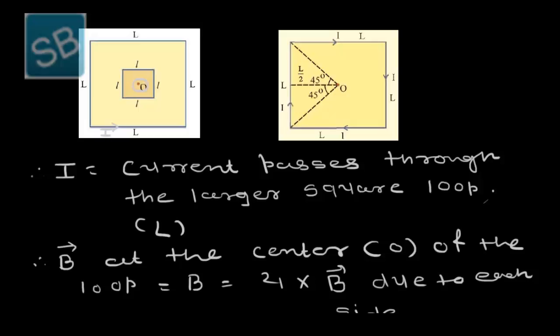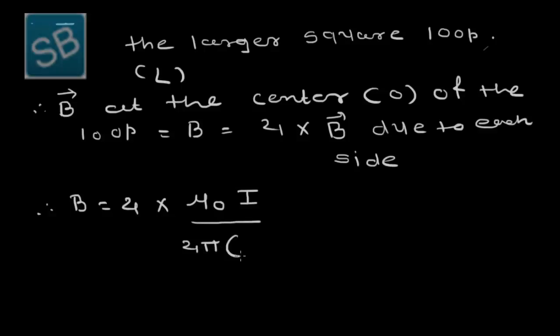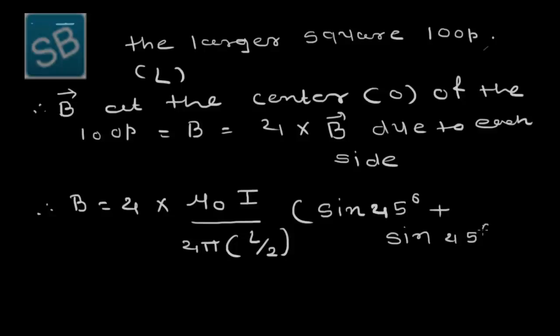And according to the equation of magnetic field due to a single side, B is equal to 4 times mu 0 I divided by 4 pi. Here now the distance will be L by 2 and the angles will be sin alpha plus sin beta. Therefore sin 45 degree plus sin 45 degree.